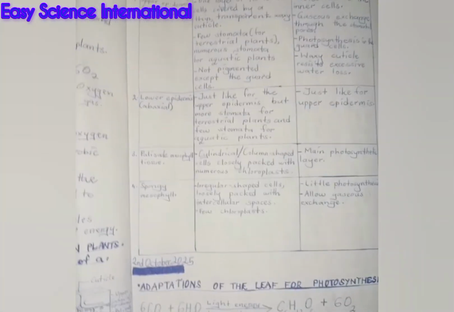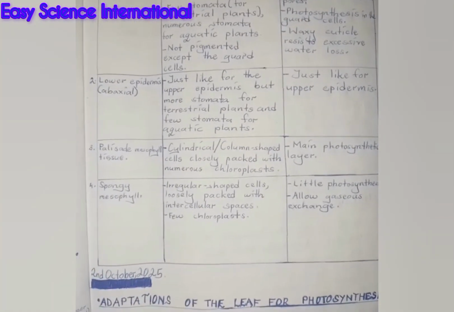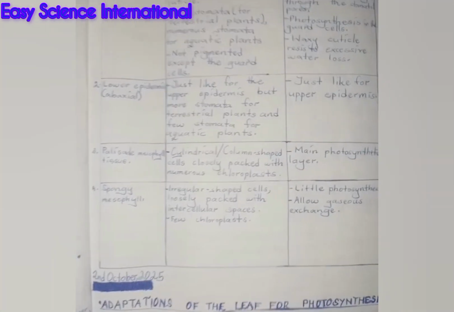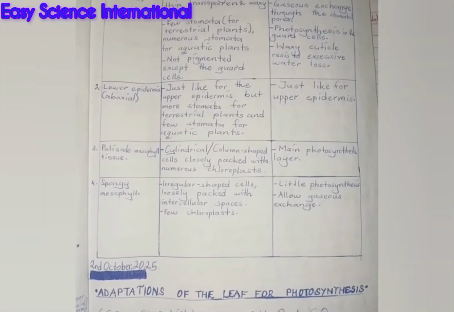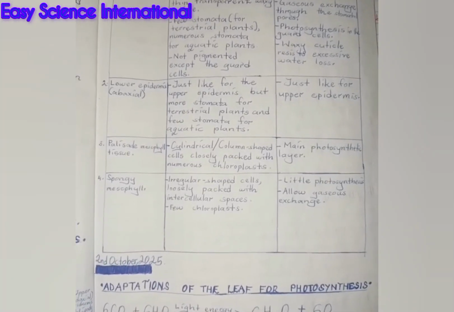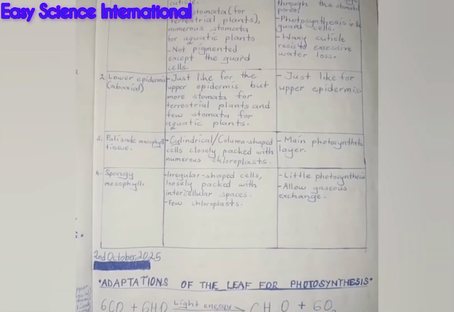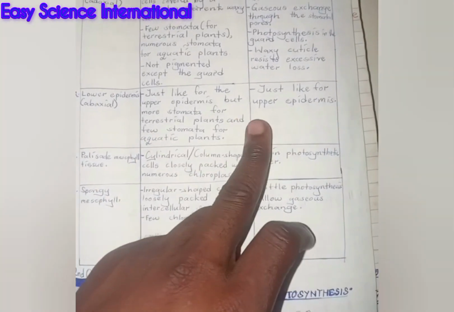So basically that is the first tissue. The second tissue here is the lower epidermis, or the abaxial. The lower epidermis is just like the upper epidermis, but it has more stomata for terrestrial plants and few stomata for aquatic plants. Then all the functions are just like for the first tissue.